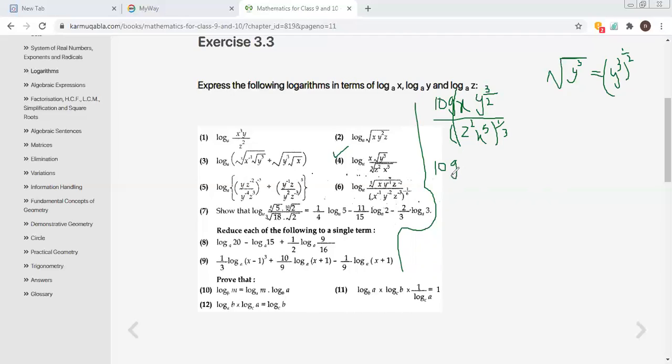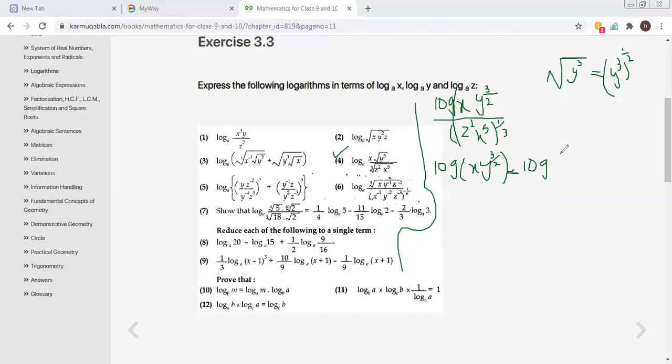Now open it according to law number 2, it becomes log a, you can consider the numerator term as a term, okay, log a minus, because fraction form of the logarithm is equal to the difference of the logarithm.